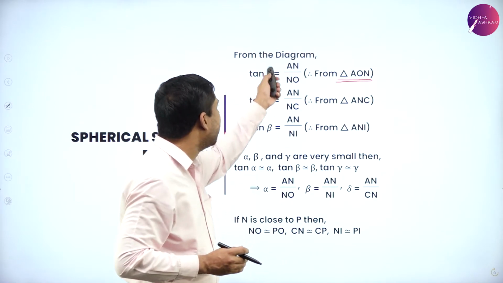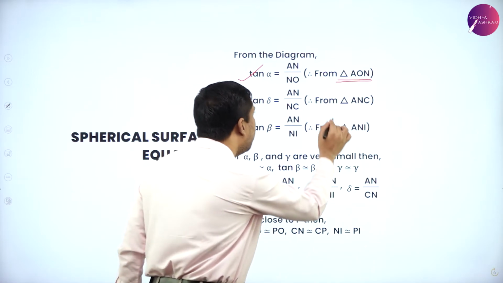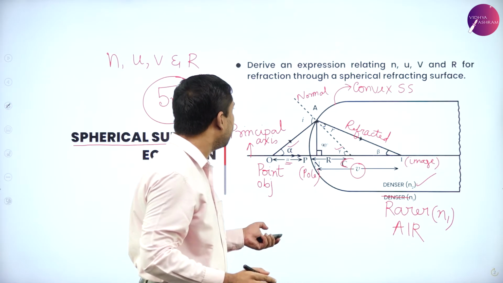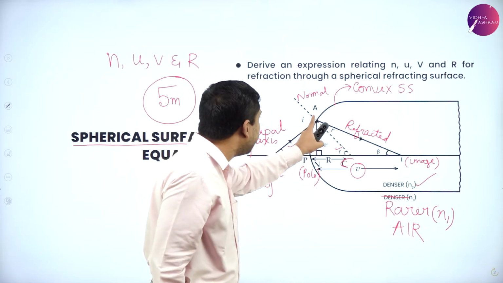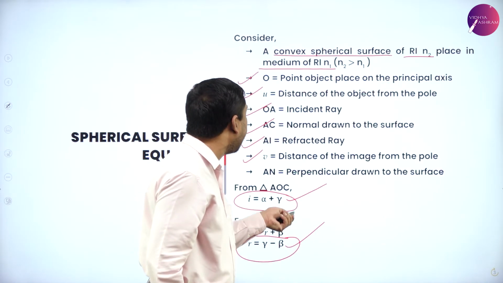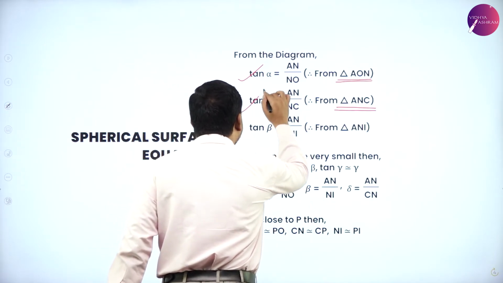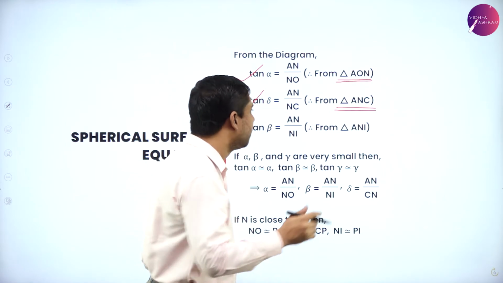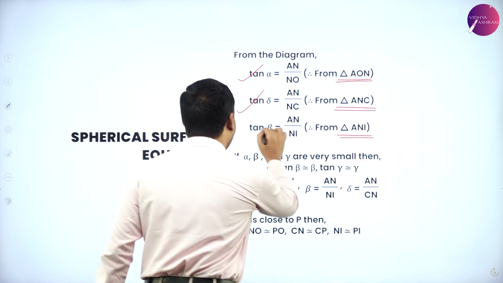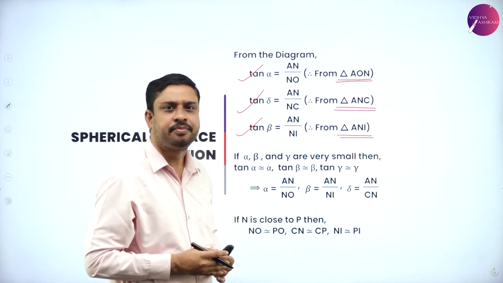So very clearly, AN divided by NO. From triangle ANC, tan gamma is AN by NC, and from triangle ANI, tan beta is AN by NI.